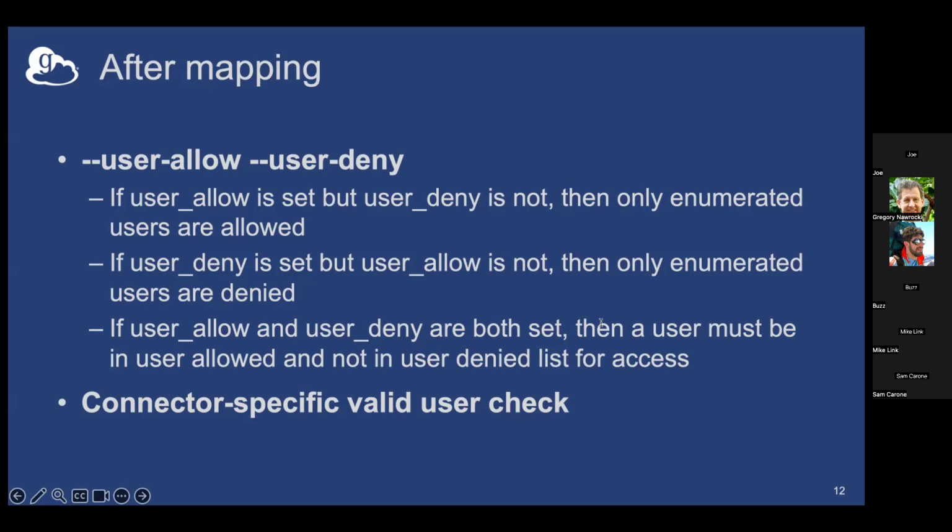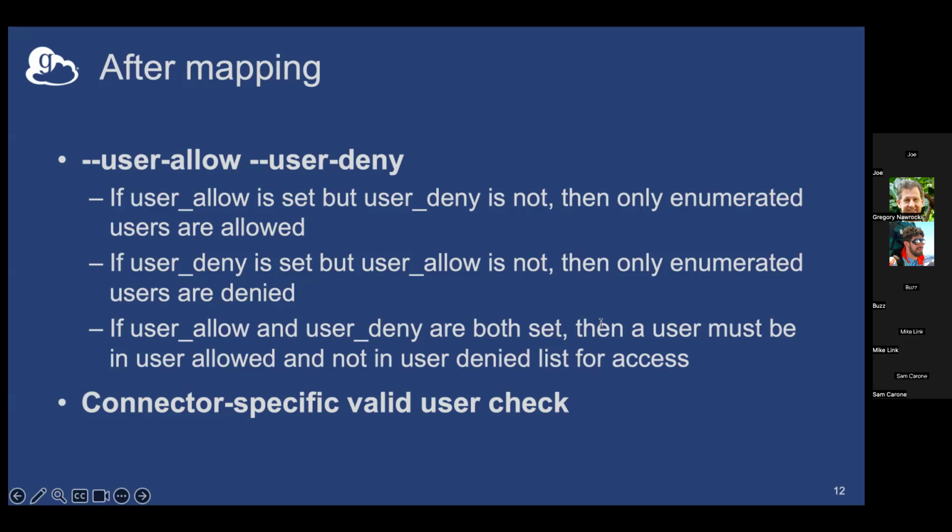After that, there's another layer, which is a connector-specific user validation check, which does some rudimentary checks to see that the mapping resulted in something that is functional. For example, on the POSIX system, it'll look up the user in the password database.